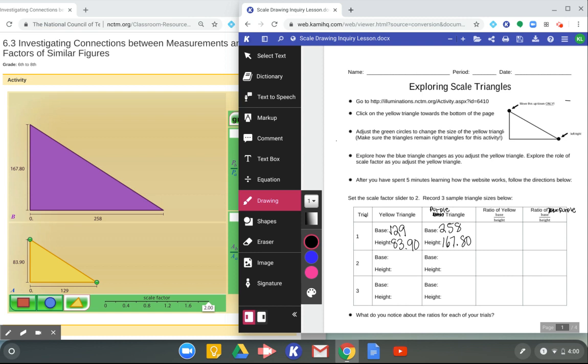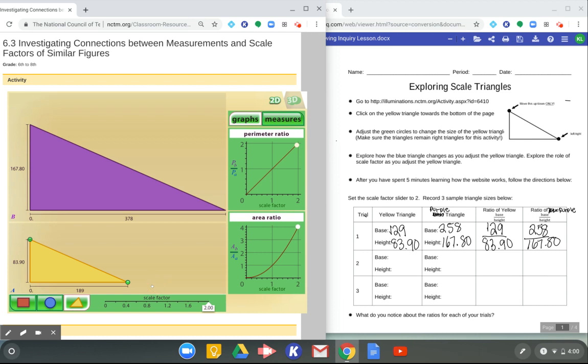So the base of the yellow triangle was 129, over the height of the yellow triangle, which was 83.90. And we'll do the same thing for the purple. The base was 258, and the height was 167.80.